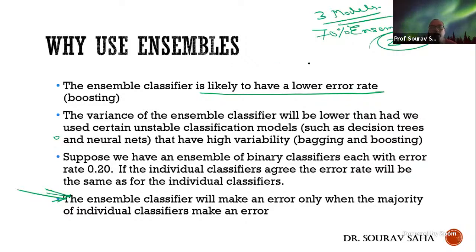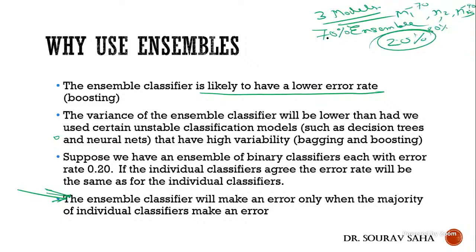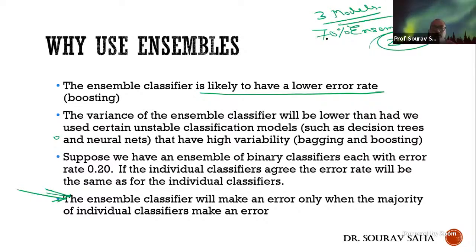So what is the error rate of M1? The data is given. M1's error is 30%, M2's error is 0.2, and M3's error is 0.1.